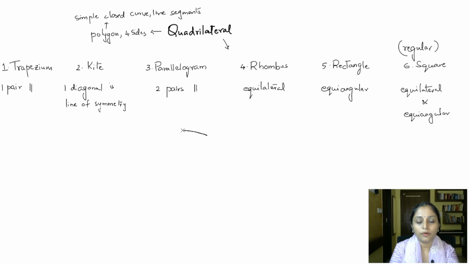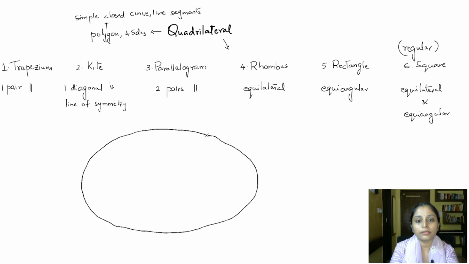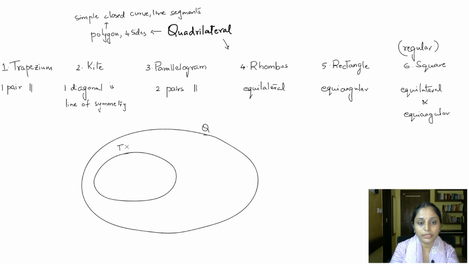So first I'm going to draw the set of quadrilaterals. Let us say capital Q, right? Now here all trapeziums are quadrilaterals, so it has to be a subset. Let me draw this as the set of trapeziums.